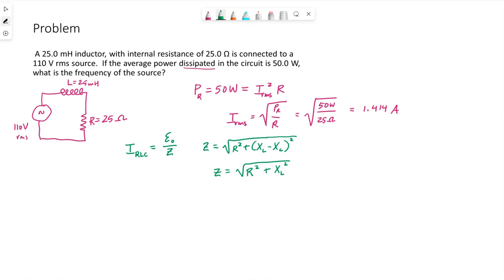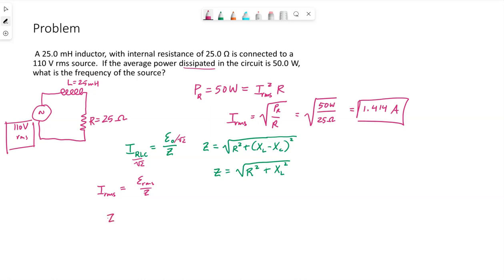This relationship for current, if you remember a previous example, if you watched it, these peak values, if we divide them by the square root of 2, are now RMS values. We've calculated IRMS. We are given the RMS source voltage.